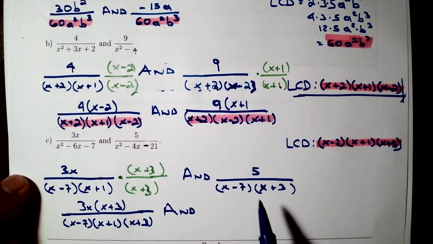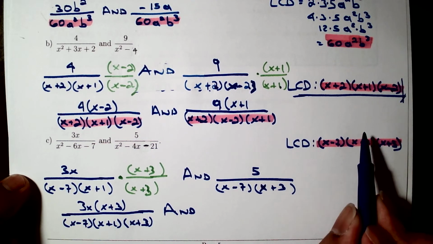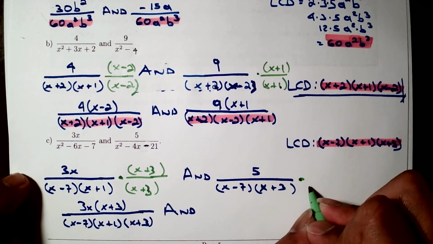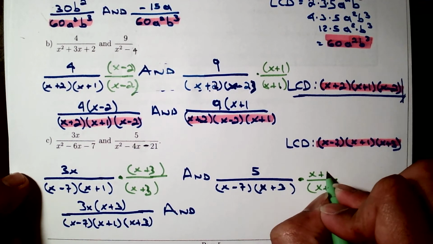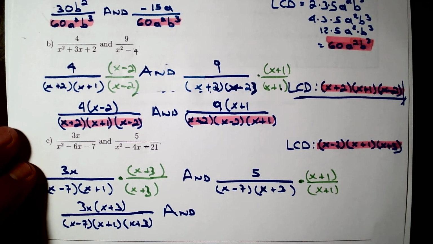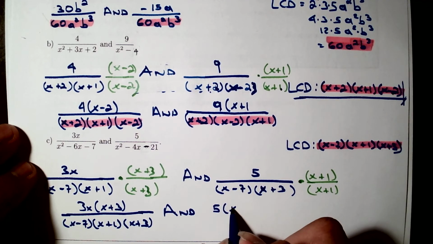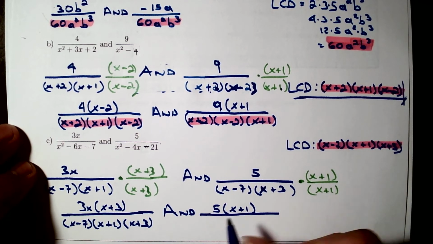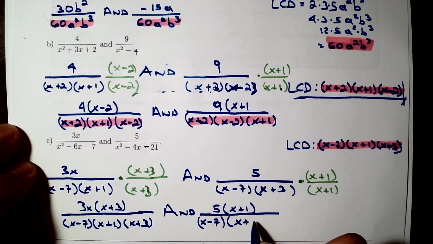And we have x minus 7 for the second fraction and x plus 3. We are missing this x plus 1 factor. Multiplying across, 5 times x plus 1 and x minus 7, x plus 3, x plus 1.